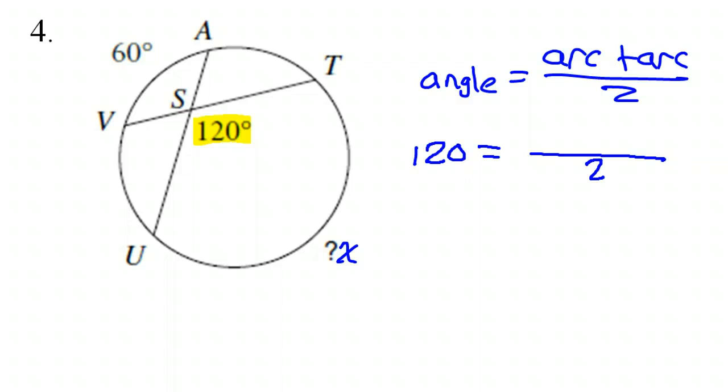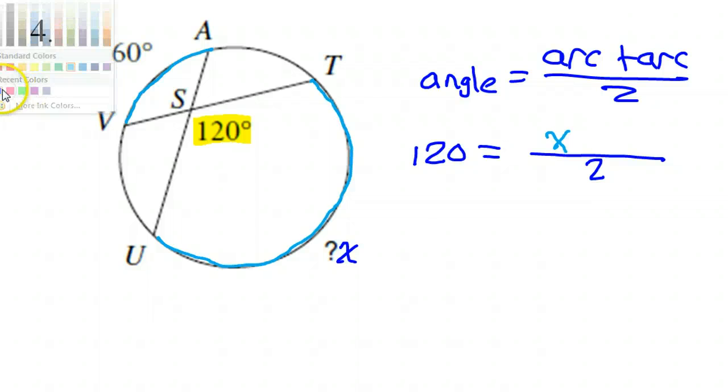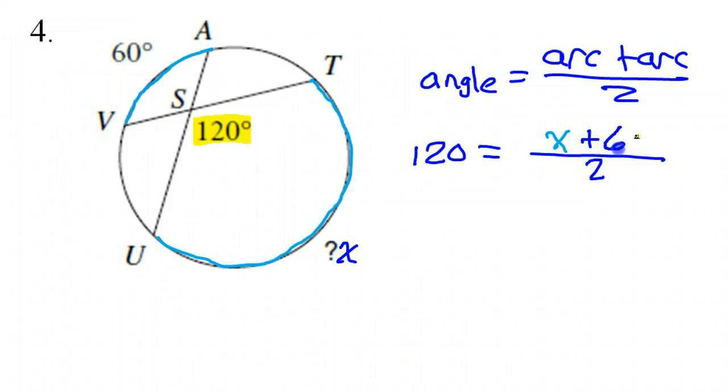Well, the two arcs are this guy and this guy, so x and 60. Whoa, that color's not dark enough to really write with. Yeah, x plus 60. So this is the formula that you have to use.